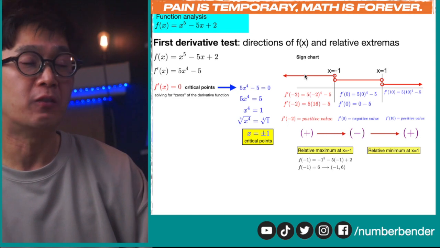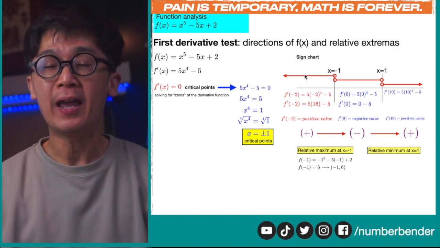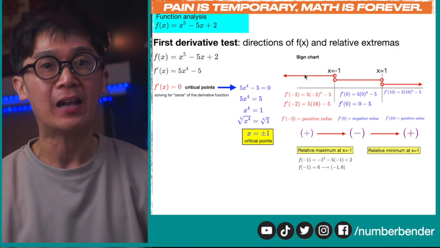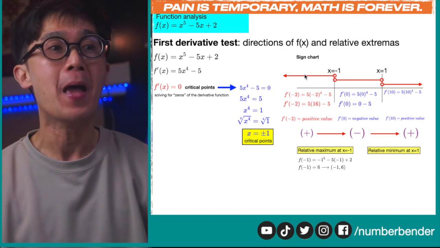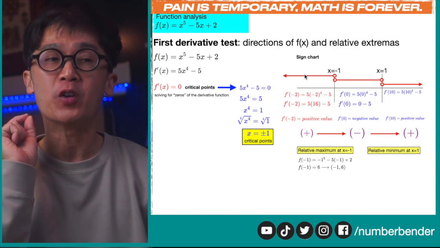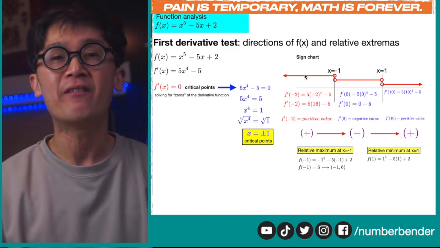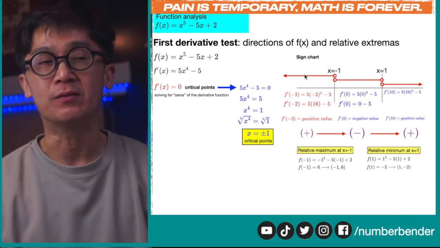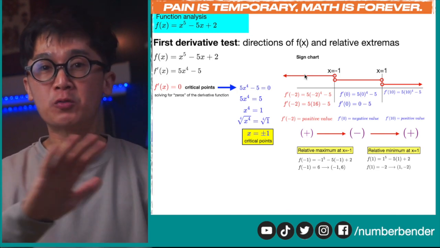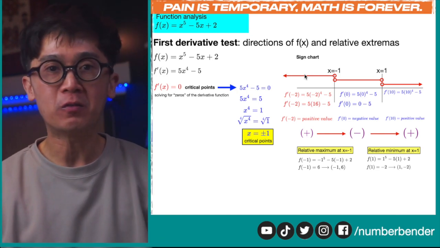So now we have a relative minimum at x equal to 1. And again, if you want to see the specific value of that particular relative minimum, plug in the value of your critical point, x equal to 1, to the original function, and you'll have a vertex at (1, -2).